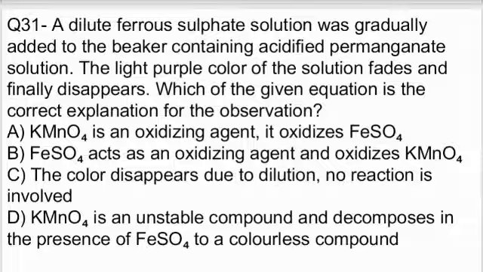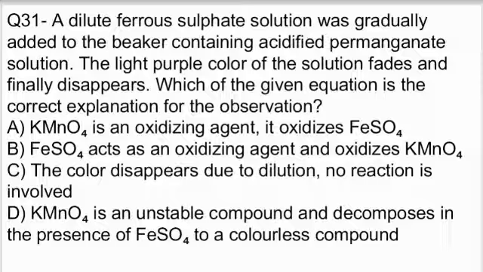Next question. A dilute ferrous sulphate solution was gradually added to the beaker containing acidified permanganate solution. The light purple color of the solution fades and finally disappears. Which of the given statements is the correct explanation for the observation? The options are A. KMnO4 is an oxidizing agent. It oxidizes FeSO4.